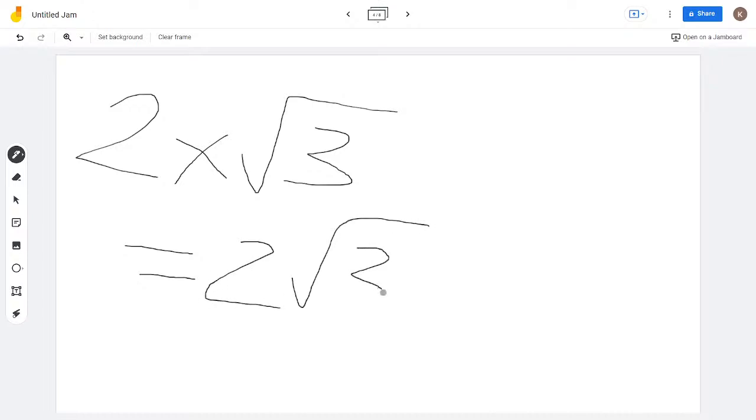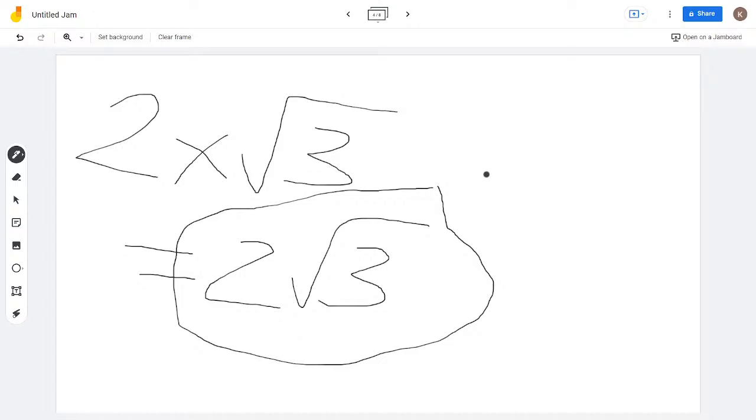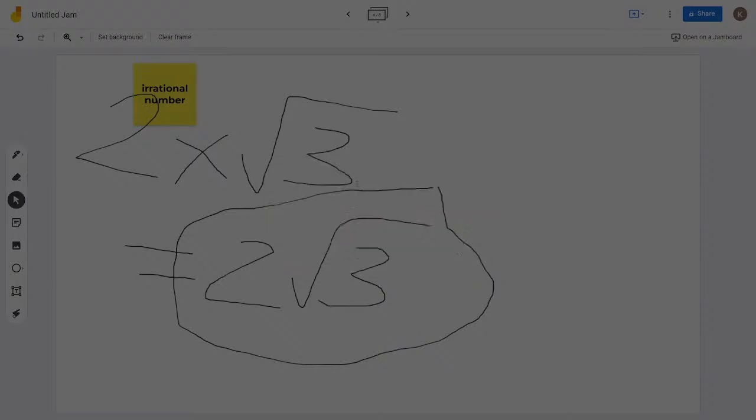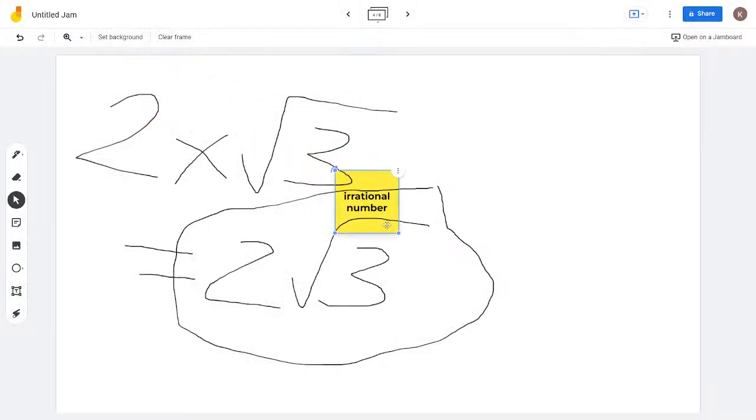Which is again an irrational number, right? So these are the operations we can put on real numbers.